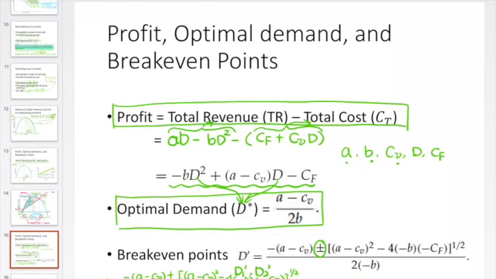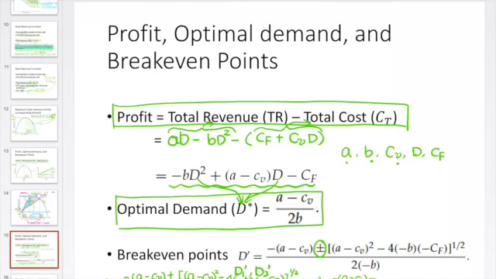And what is D2 prime? So D2 prime is minus (A minus C_v).